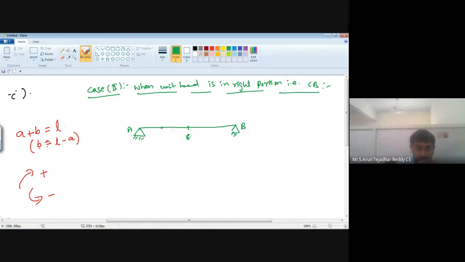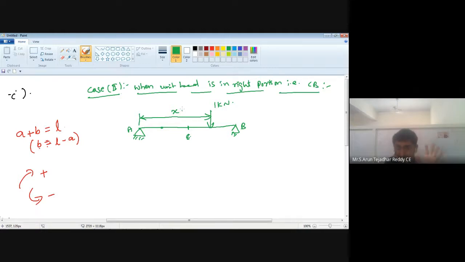Now it is traveling from AC to CB, the right portion, somewhere here, between C and B. The distance of the unit load from A is x meter.